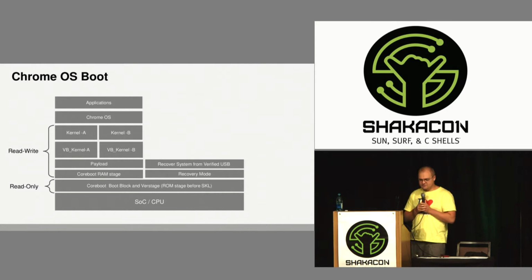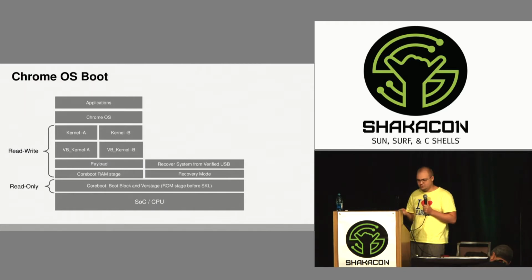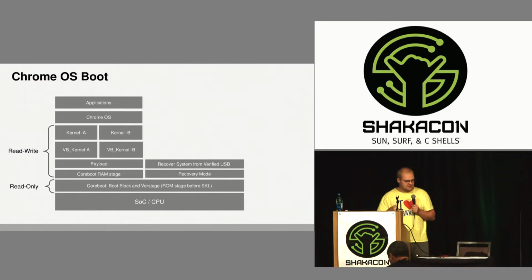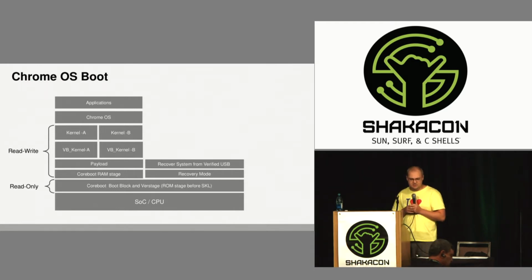Coreboot is just firmware, but someone needs to use this firmware on the system. Someone needs to build this firmware and flash it to the system. One of the examples is Chromebooks, which use Chrome OS plus Coreboot.